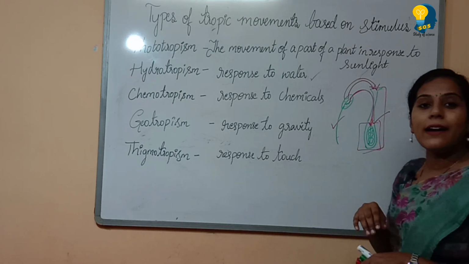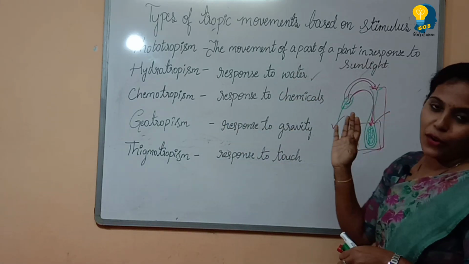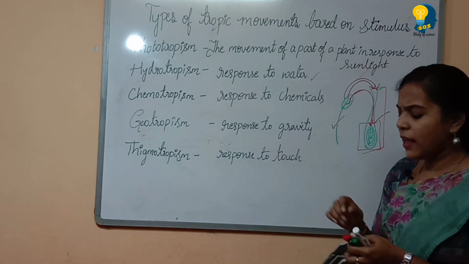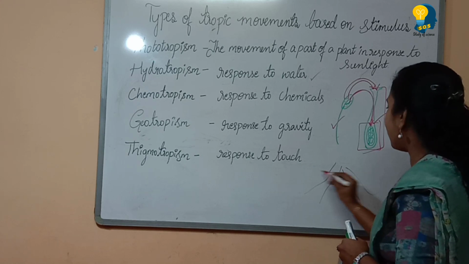Then which part of the plant is showing negative chemotropism? This is positive, you have understood. Which part of the plant shows negative chemotropism? See, suppose we take the example of the roots of plants or trees.